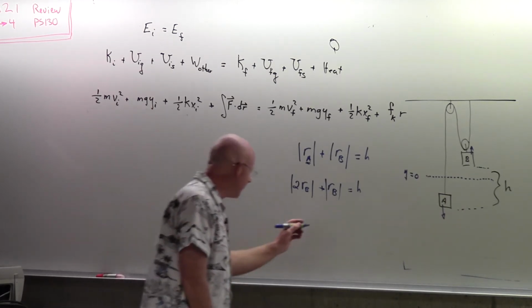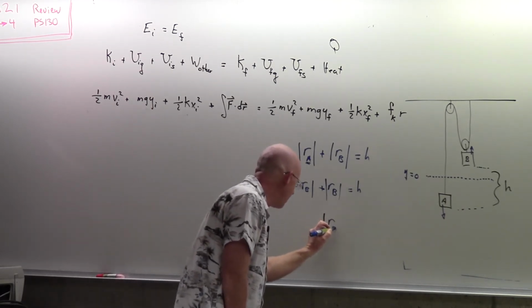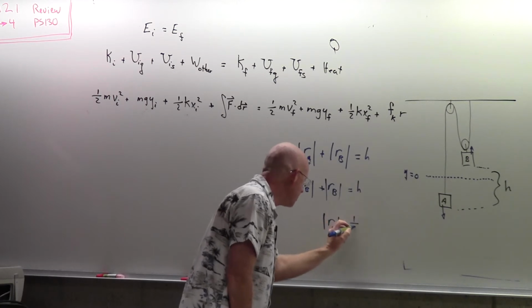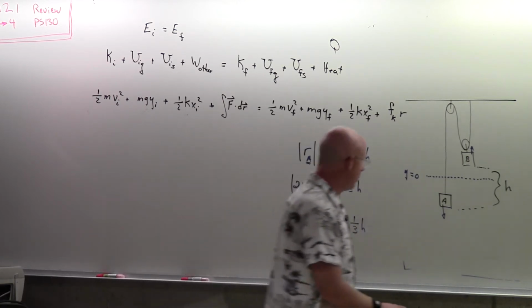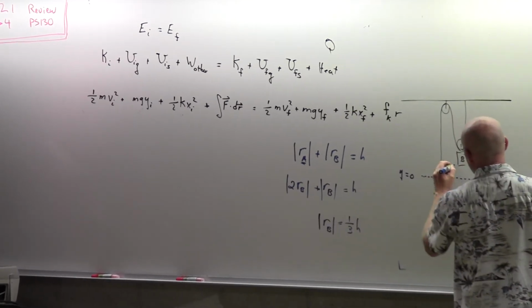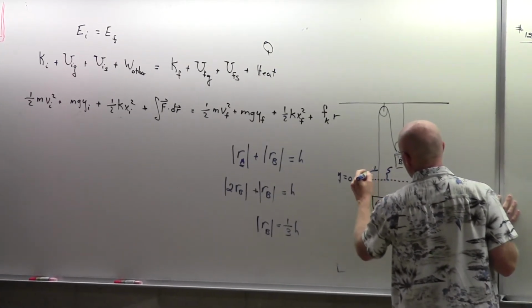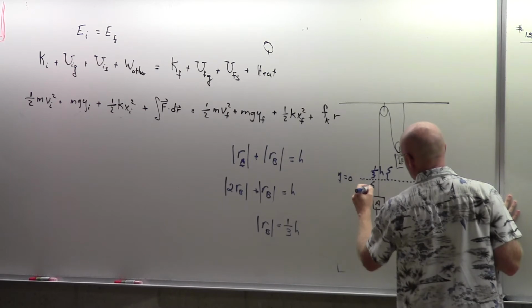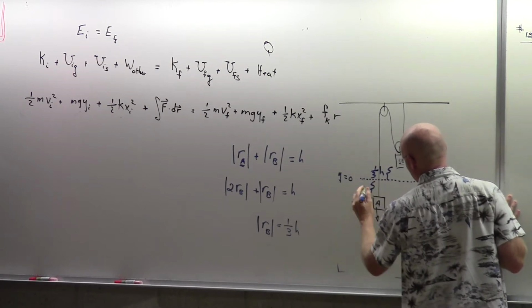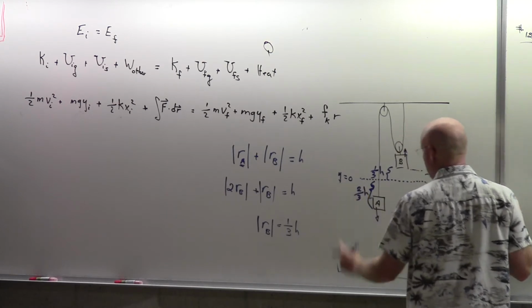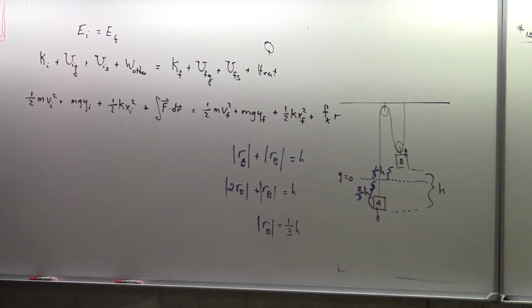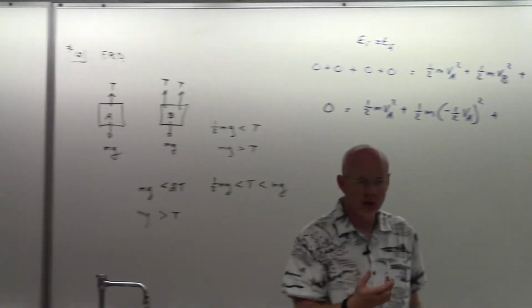Or, simplifying this, the absolute value of B is 1/3 H. So, that means that B is going up by 1/3 of H, which also then means A is going down 2/3 of H.